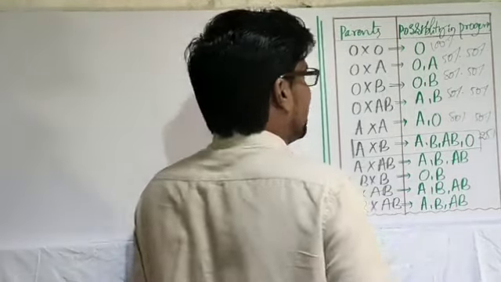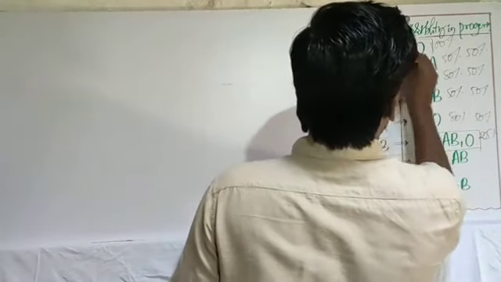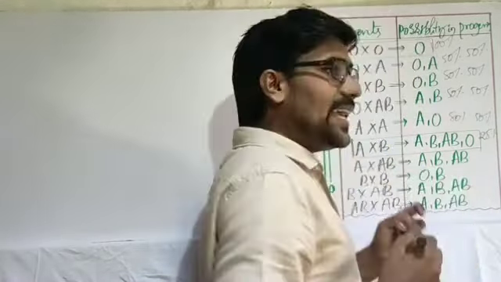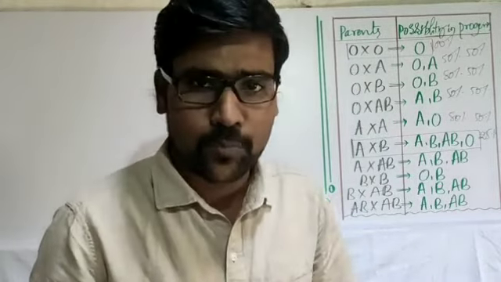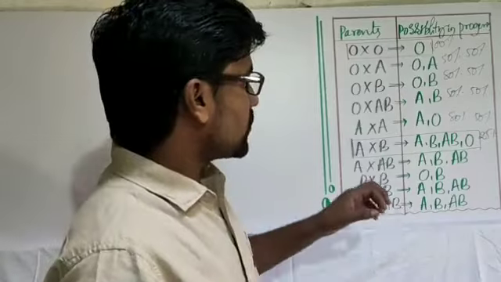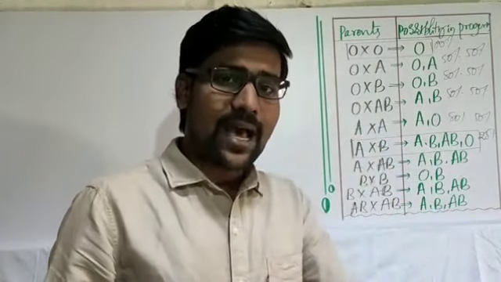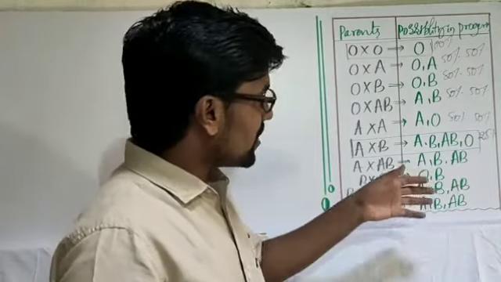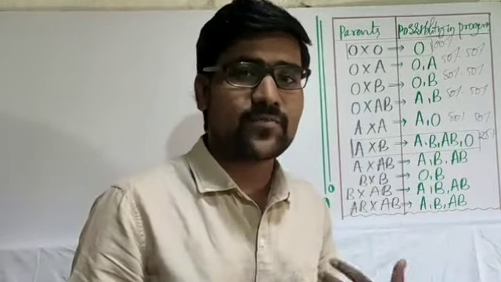And if both the parents are O blood group, then their child will always be O. There is no diversity, only one blood group. In most of the cases, the questions will be majorly concerned with O and AB, in most of the question patterns if you observe.